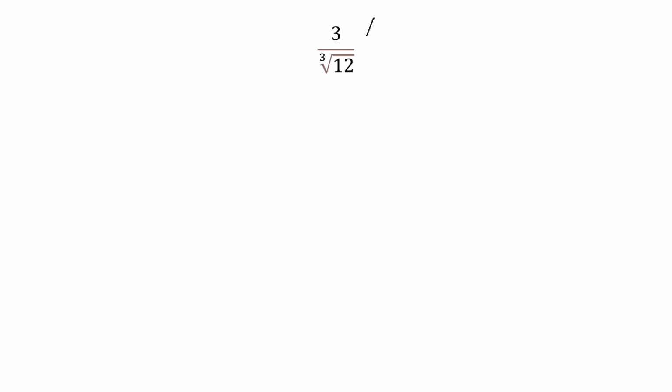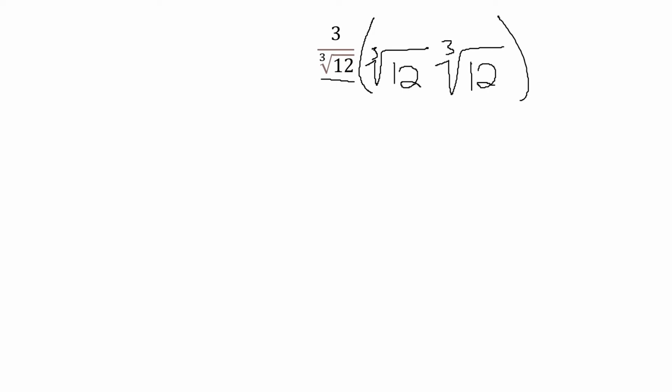So what I'm going to need to do is multiply 1, 2, 3. I need 3 cubed root of 12s to eliminate a cubed root. If it's the 4th root, I would need 4 of them. If it's the 5th root, I would need a total of 5 of them.